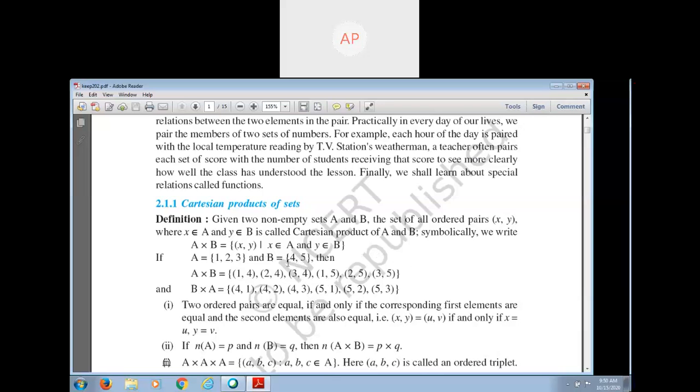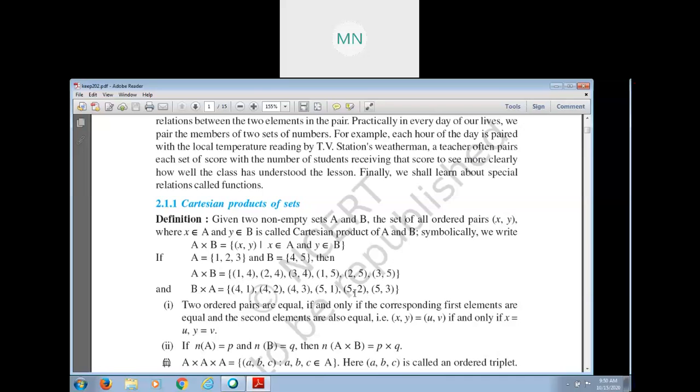So 4 comma 1, 4 comma 2 and 4 comma 3. We stop for 4, and after that we start for 5: 5 comma 1, 5 comma 2, 5 comma 3. Here A cross B is this one and B cross A is this one.